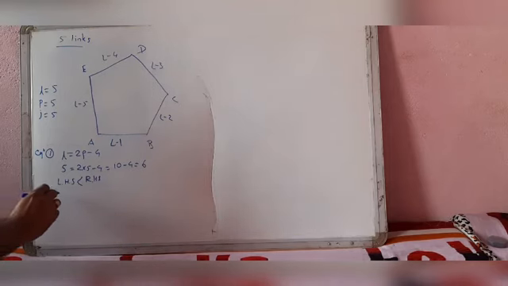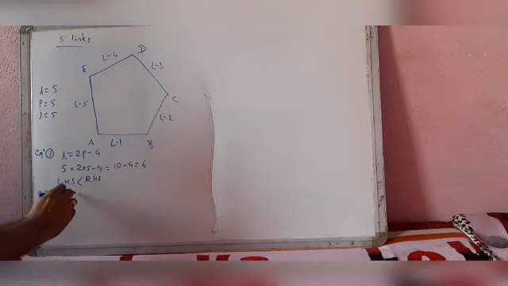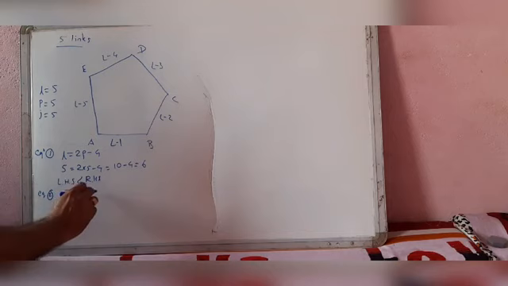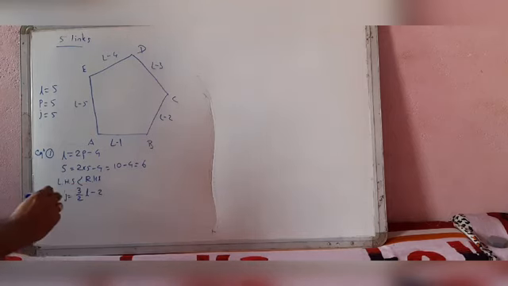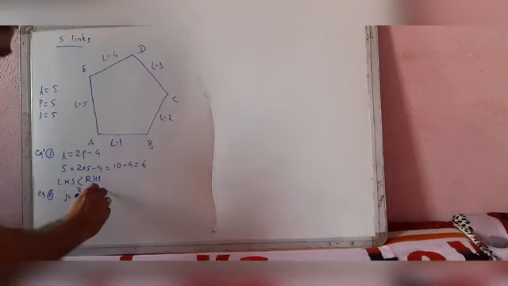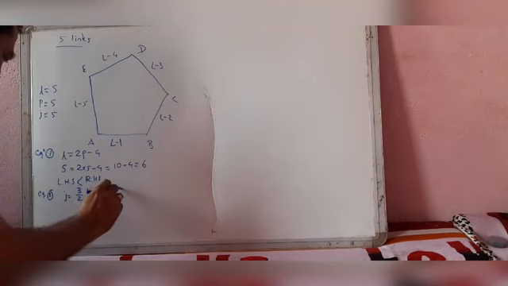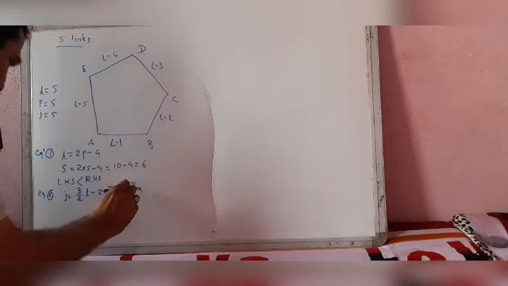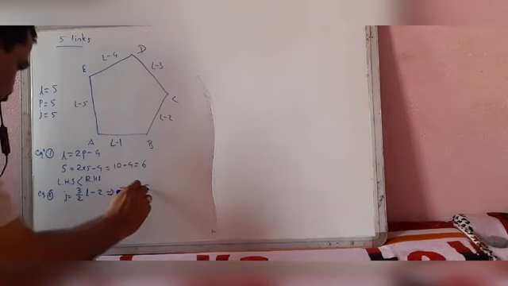Equation 2: J equals 3 by 2 L minus 2. Here J is 5, and L is also 5.